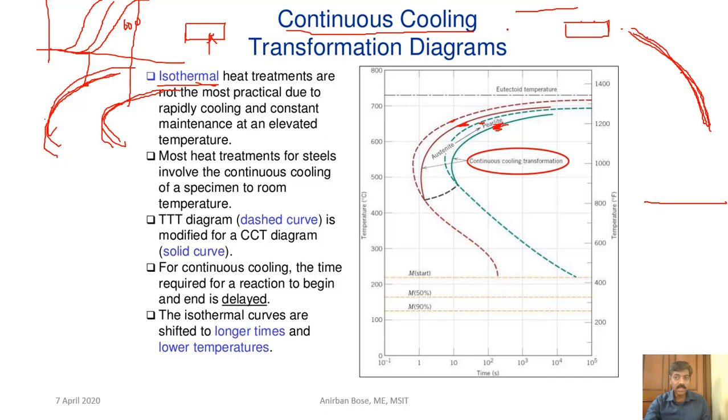Rather, if you can maintain the temperature at the higher level, then the transformation will occur earlier. So this is what is going to happen in case of continuous cooling transformation. So the curve is actually different from the TTT isothermal diagram.